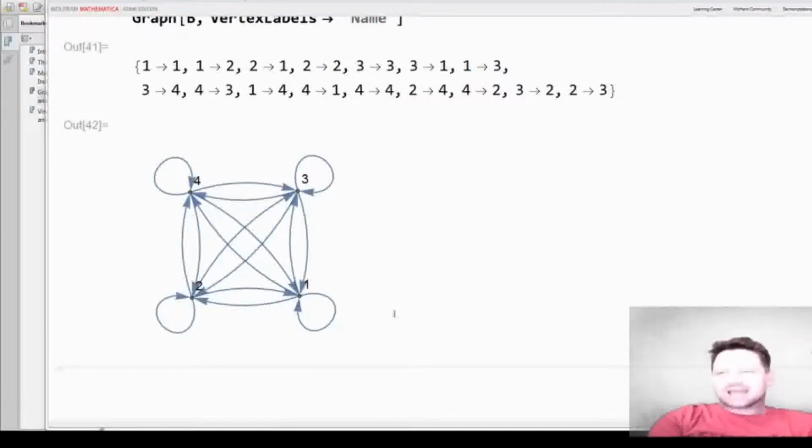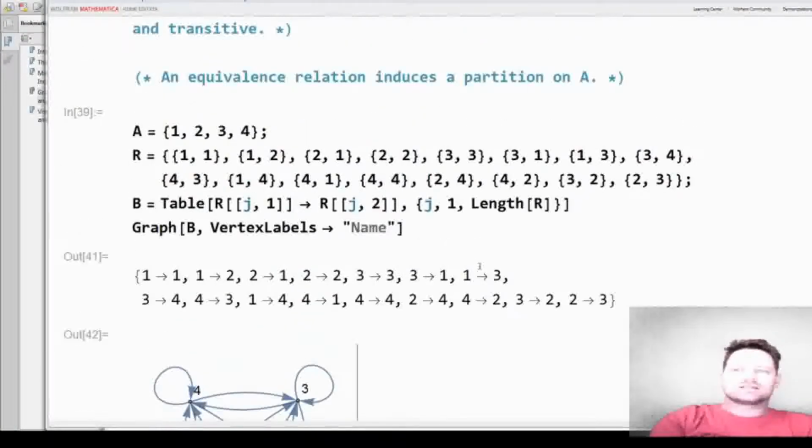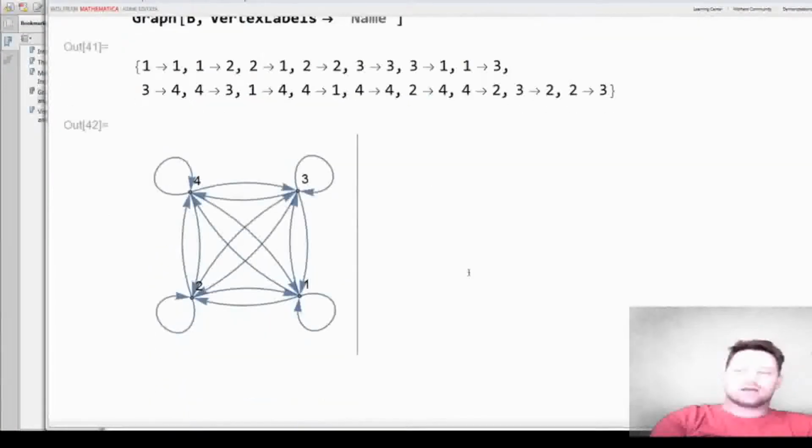In this case, the partition induced by this equivalence relation is actually the whole set A, because 1 is related to 3, which puts these in the same class. 1 is related to 2, which puts 1 and 2 in the same class. 1 is related to 4, and that puts 4 and 1 in the same class. So all of the elements of A in this case belong to the same equivalence class.